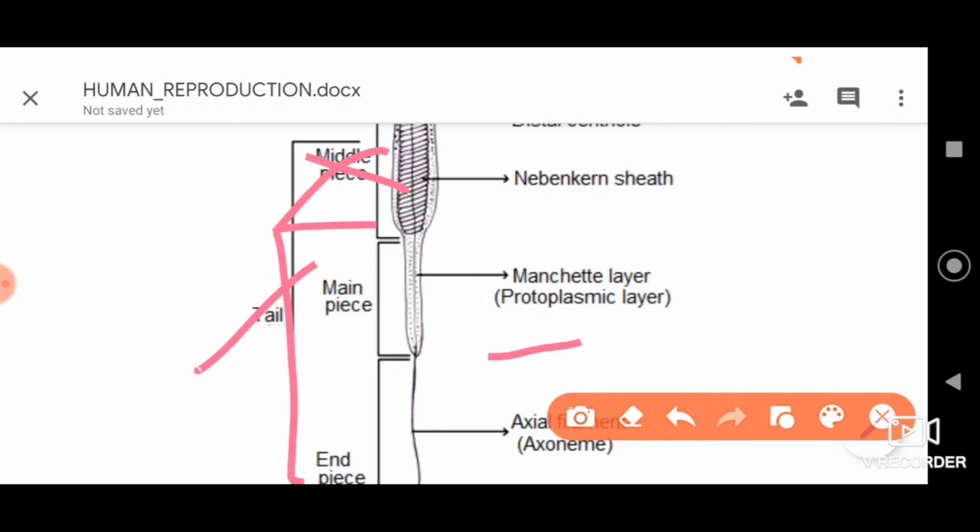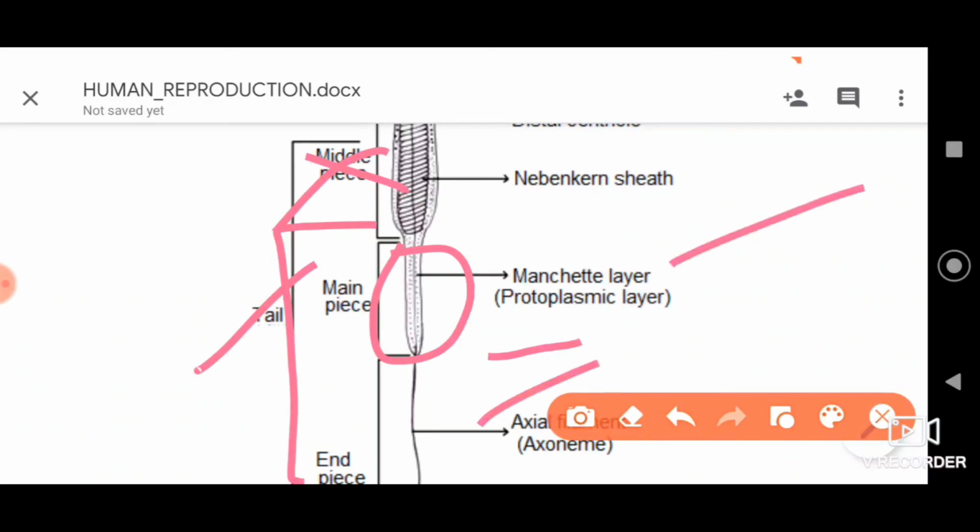But the middle piece also has the tail passing through it. Generally we can say the actual parts of the tail are the main piece and the end piece. The main piece is the anterior part of the tail. It has the axial filament along with the manchette layer.